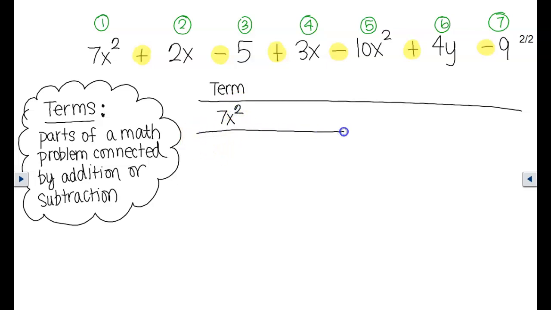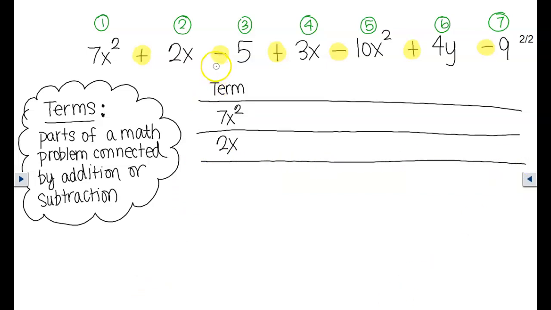So I'm going to write him in my chart. Now when I get to my next term, 2x, what I want you to do is take into account the sign that's in front of him. This is 7x squared, and then it says plus 2x. Plus 2x. So that 2x is being added. That makes him positive. So that is a positive 2x.